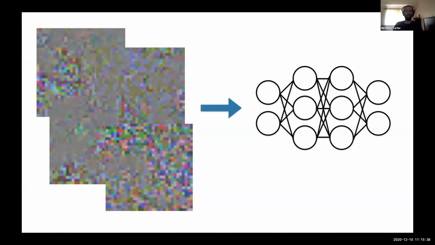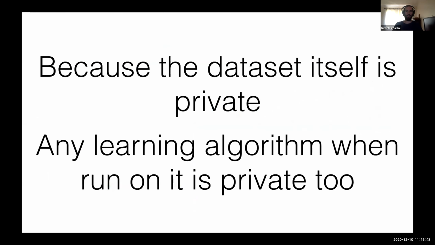You can train classifiers on these noisy images, and it turns out that as a result, the classifiers still achieve almost exactly the same original accuracy. The question is, are they private? So you can make the argument that because the data set is private, then any learning algorithm trained on top of it is also private.